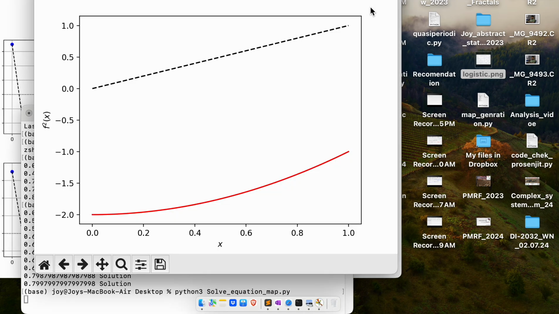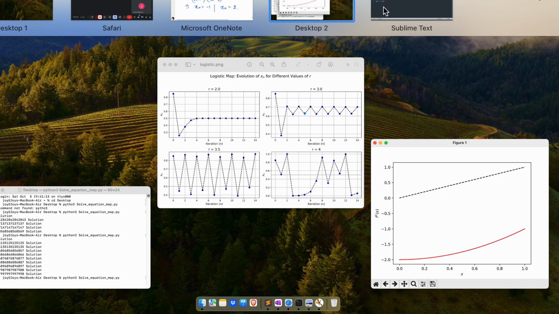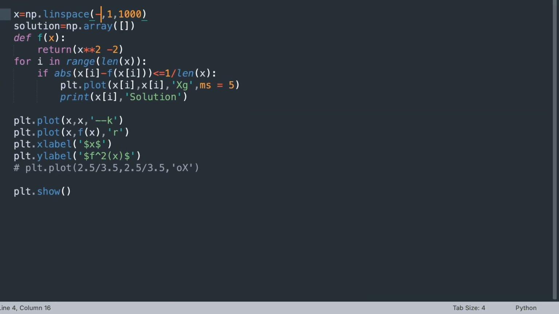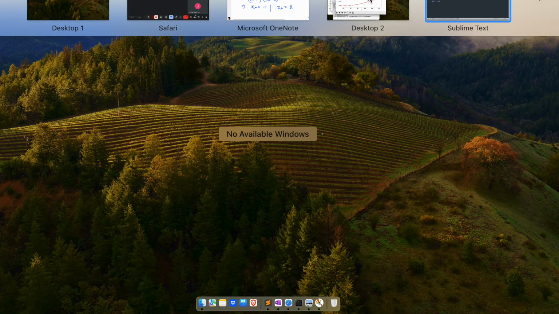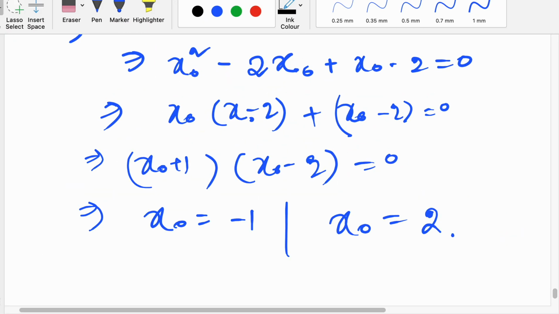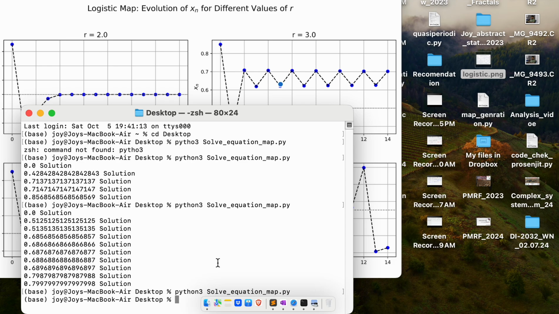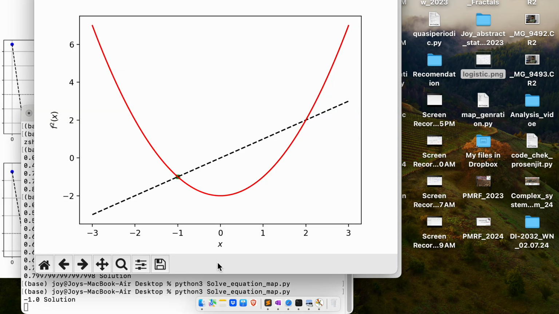I have to take the range maybe minus 4 to plus 4, or minus 3 to plus 3, because the two solutions we have calculated, minus 1 and 2, are both out of our previous range. Our previous range was 0 to 1.